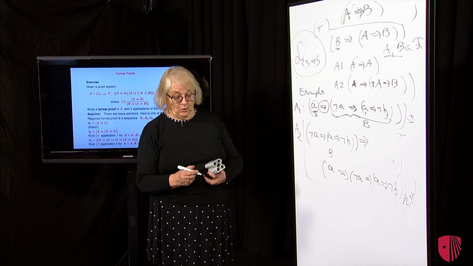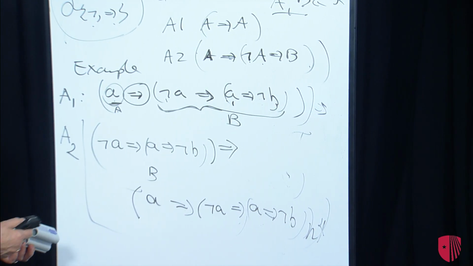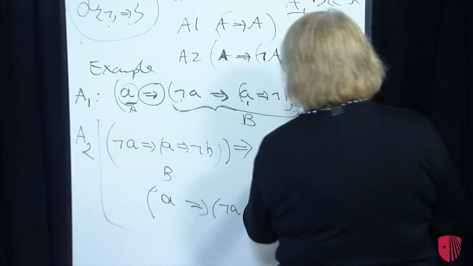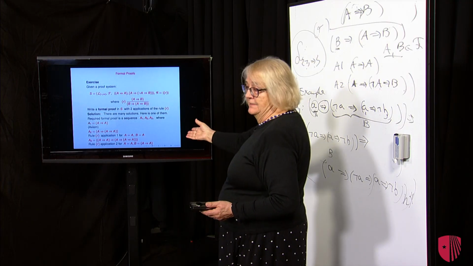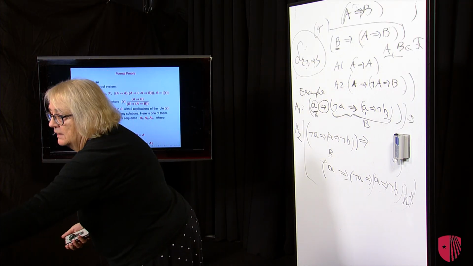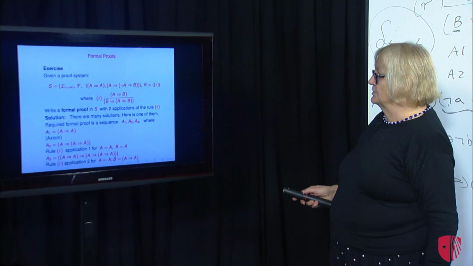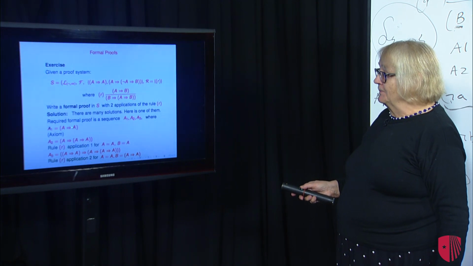Again, it's a little bit more complicated example, but that's what the proof means. Here you have another proof, which I start with the axiom A implies A. I use exactly the same.